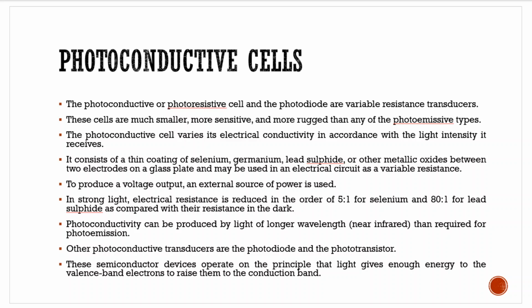The electrical conductivity of the photoconductive cell will change with the light intensity it receives. These cells are made up of a thin coating of selenium, germanium, or lead sulfide.